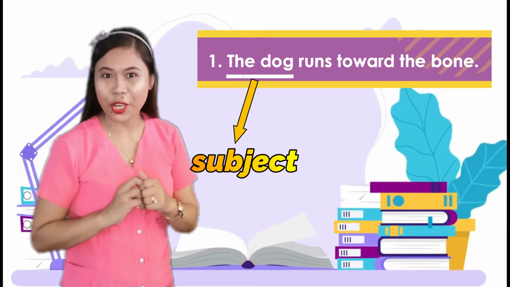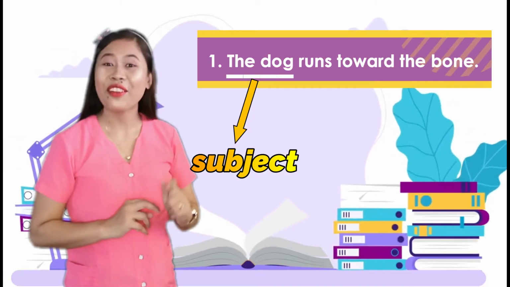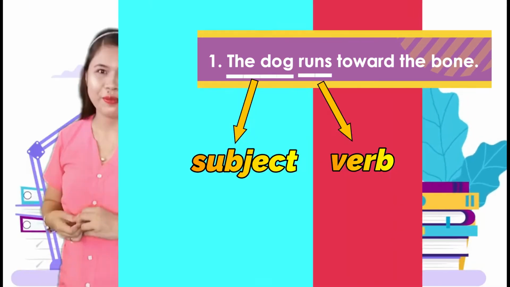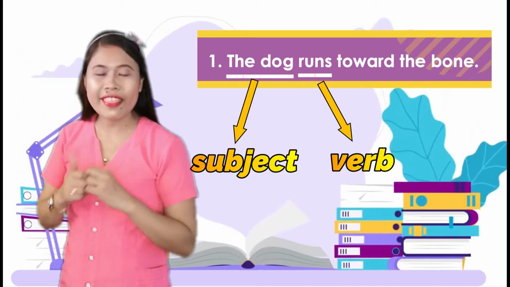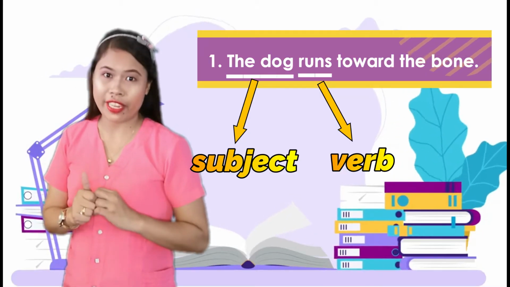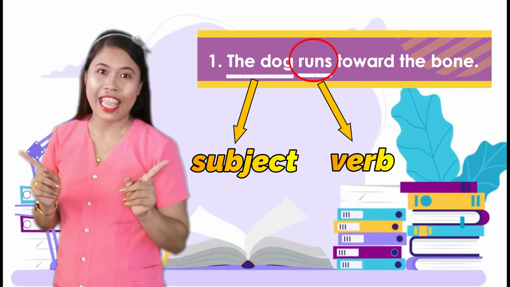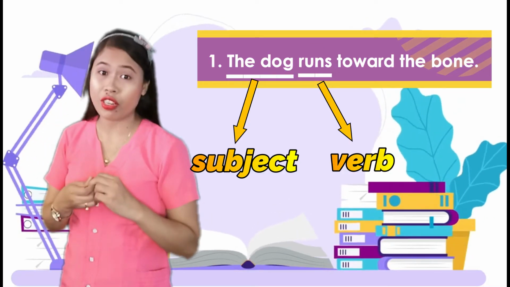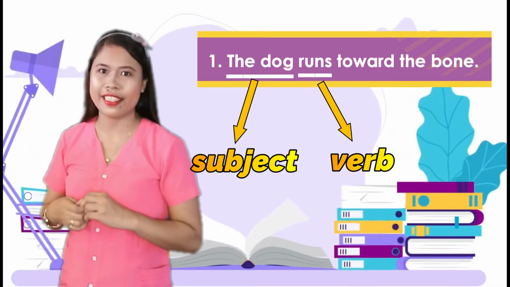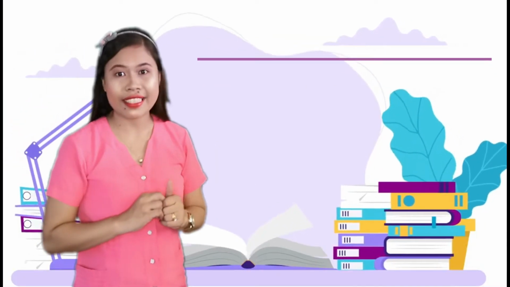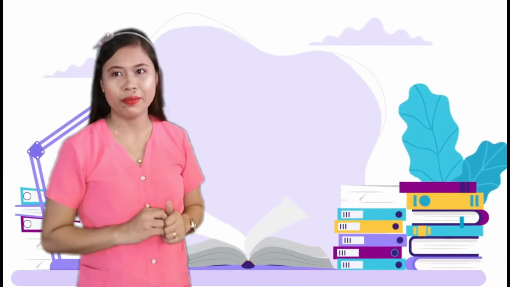How about the verb? Right. The verb is runs. Now in this sentence, the subject comes first before the verb. This is the usual structure of most sentences. However, not all sentences follow this rule.